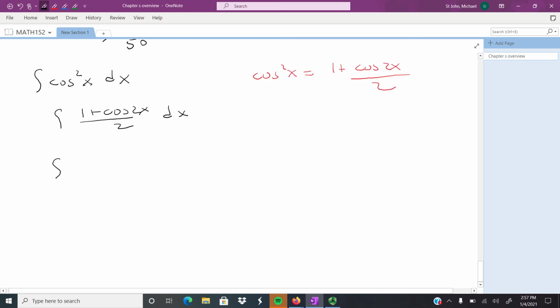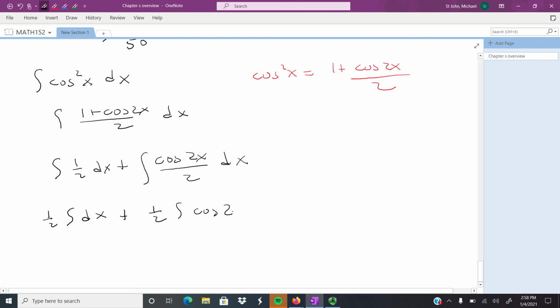Which will be 1/2 dx plus cosine of 2x over 2 dx. So this is 1/2 the integral of dx plus 1/2 the integral of cosine 2x dx.